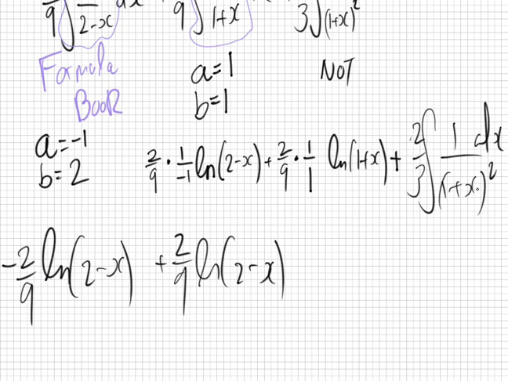Now, does anybody have any ideas on what I can do here? Go on. What about 1 plus X? No, that's when it's 1 plus x squared. The square's on the x.